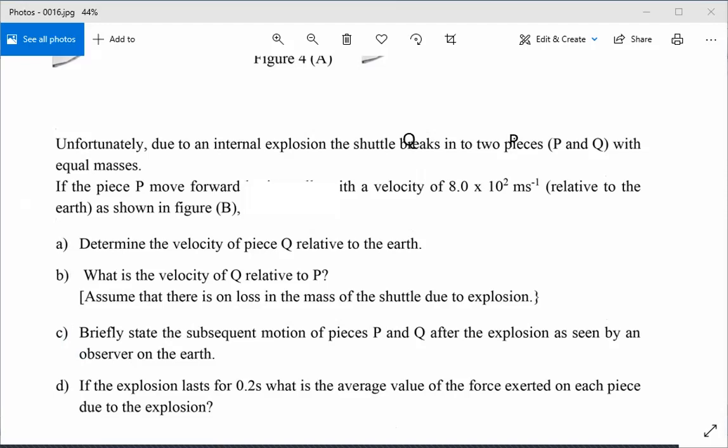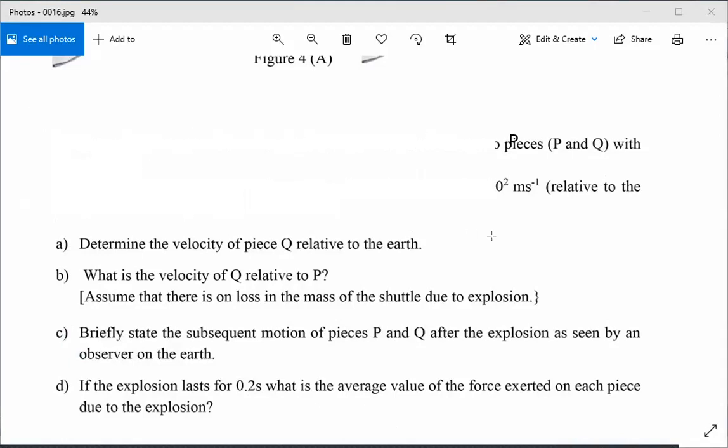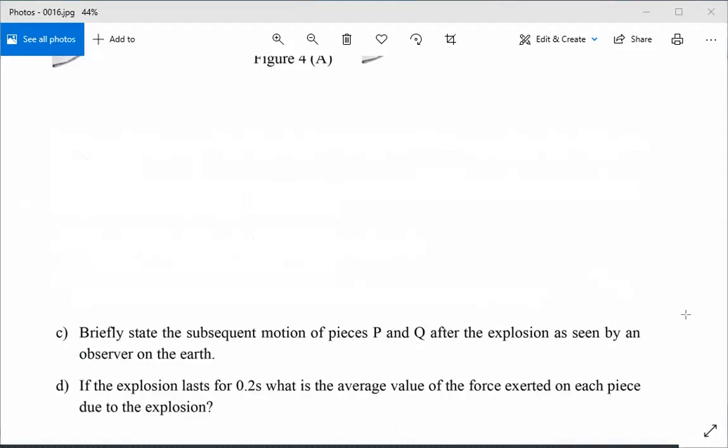Subsequent motion of pieces P and Q after the explosion as seen by an observer on the earth. If a person is on the earth, how will he observe these pieces? Let's say there is a person on the earth looking at these objects. What will he tell us?